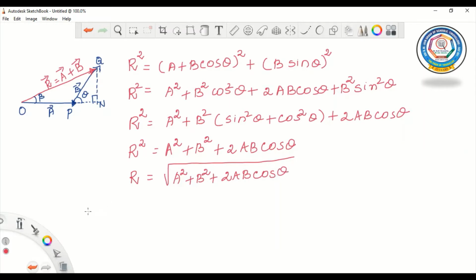Now let us derive the formula to find the direction of the resultant. So we are going to derive, see, for direction of the resultant R.